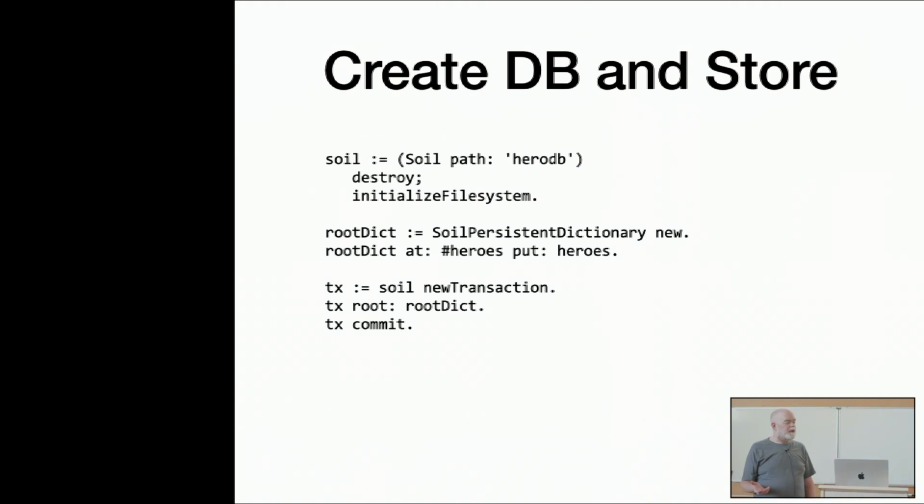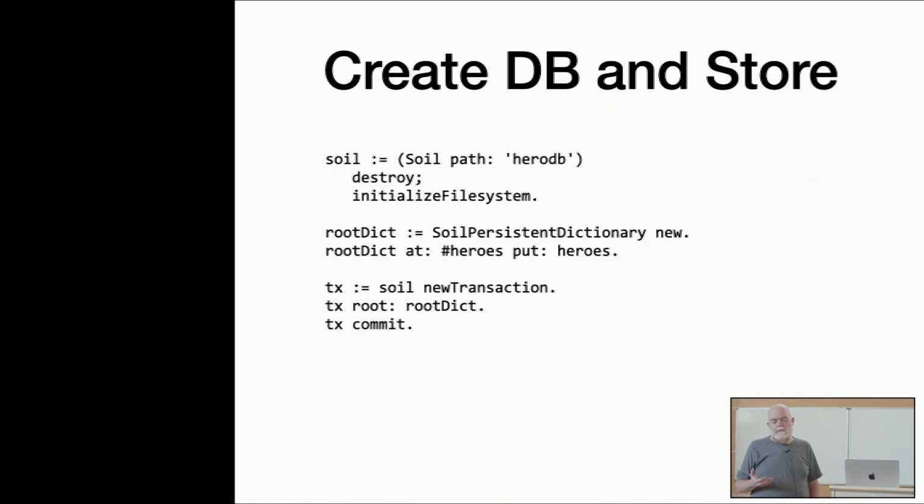We create a new Soil database, and again, we do the destroy initial file system so that we can execute this code in the playground multiple times and always get a clean database for testing. You would, of course, not do that in your application. There you want to keep the database. And then what we do now is that for the root, we put a persistent dictionary. This is, for the example, a dictionary.